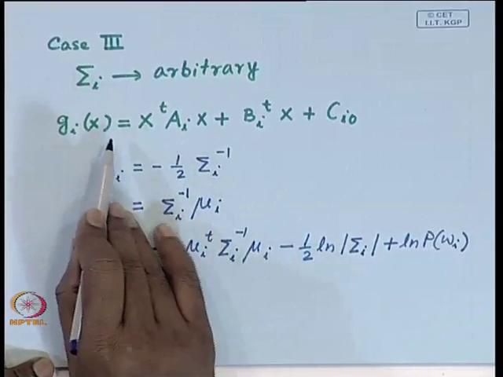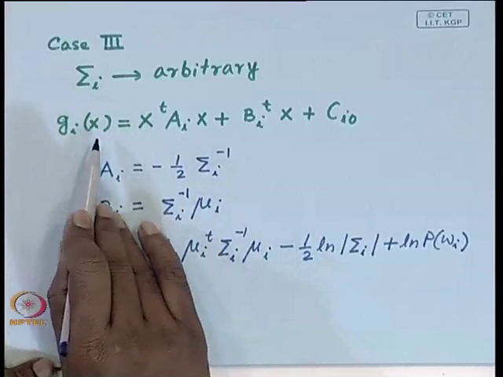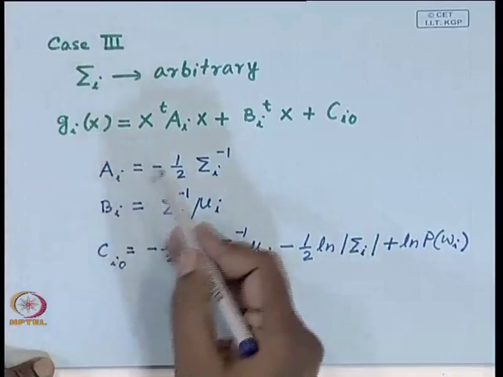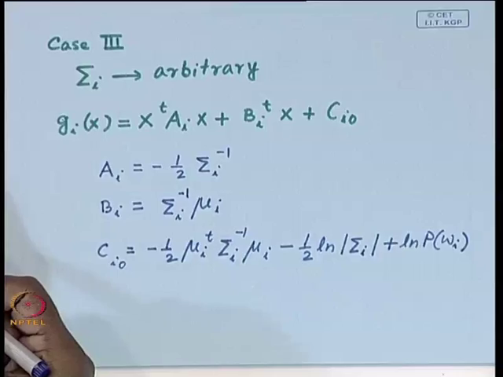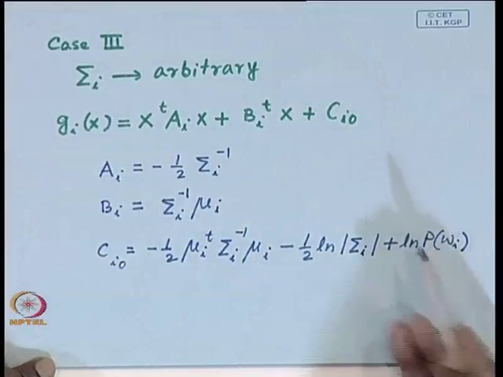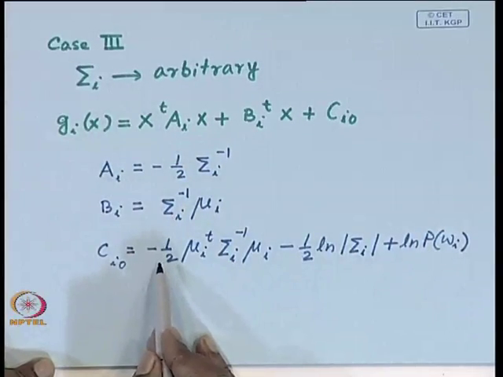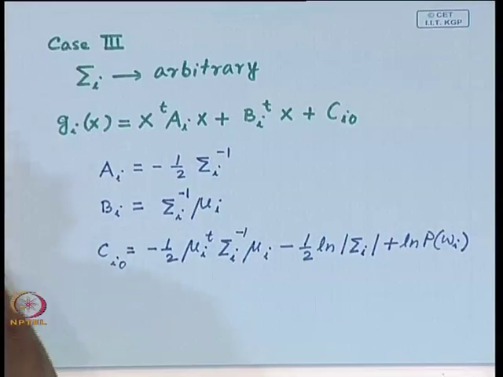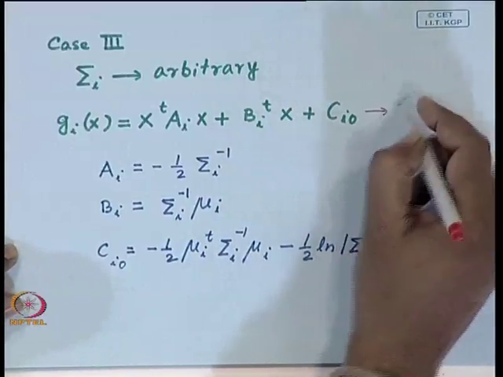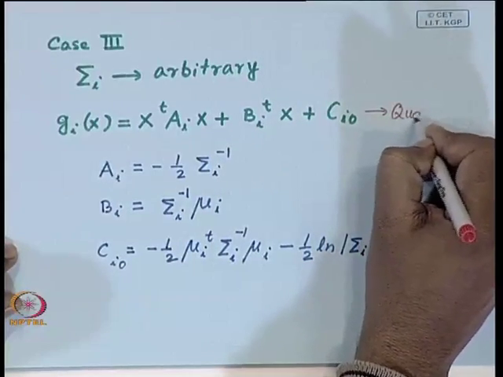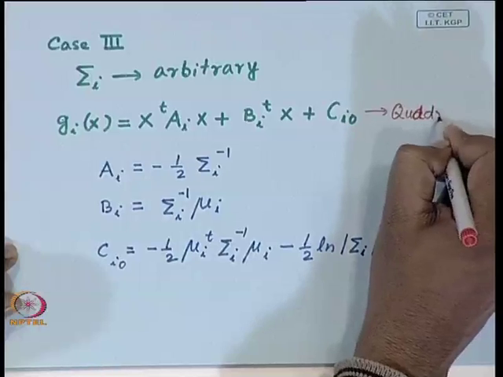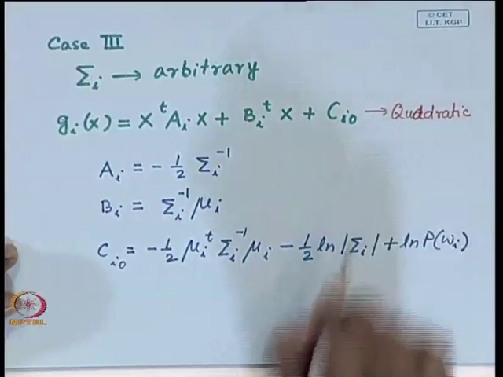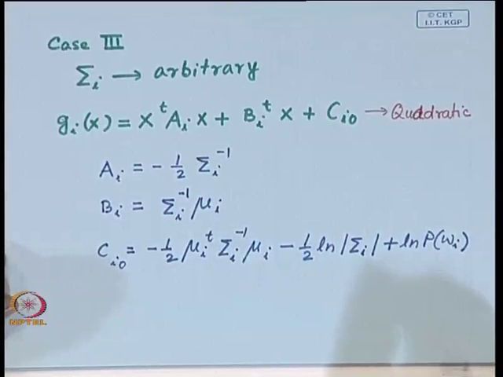Because it is class dependent, it really contributes to deciding whether x will belong to class omega I or class omega j. So, I cannot remove any of the terms, and this expression is nothing but a quadratic expression.